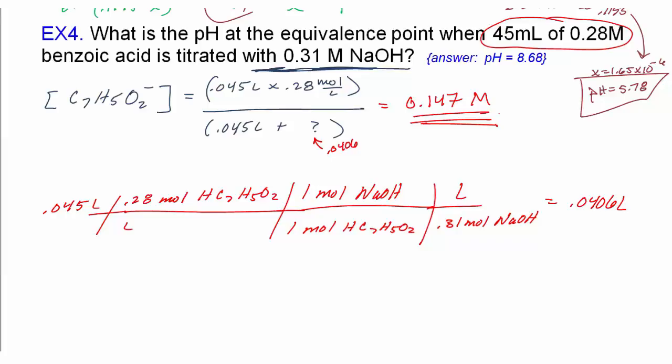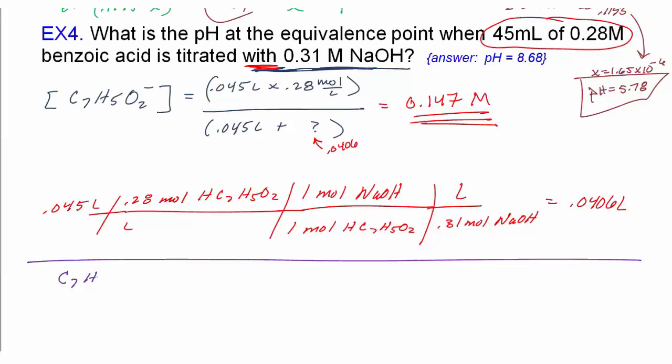And since I titrated with a base, I'm going to get a base. I have to write a Kb reaction. Conjugate base plus water forms hydroxide plus the conjugate acid.